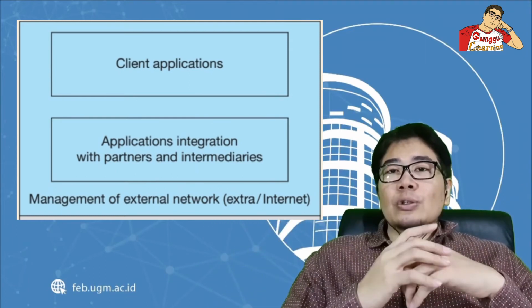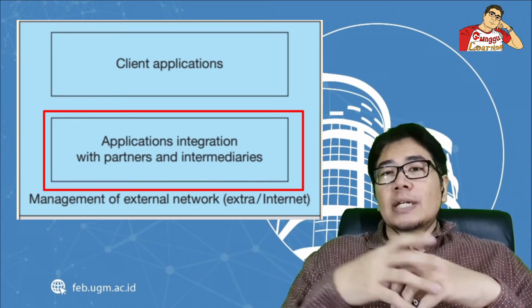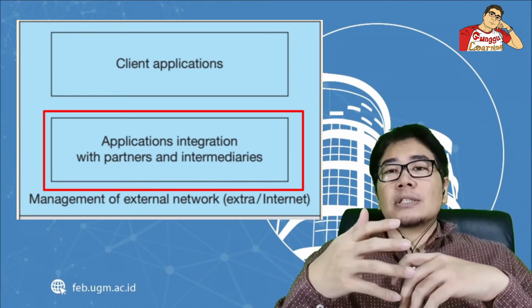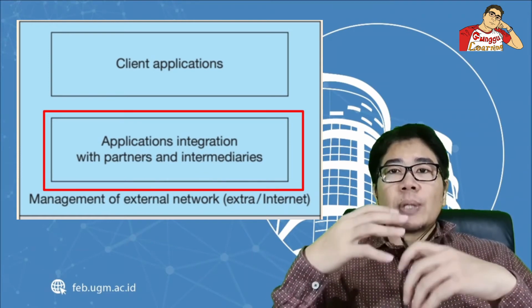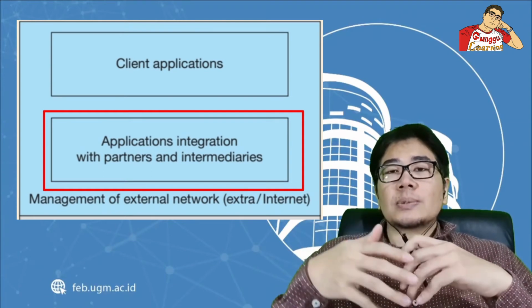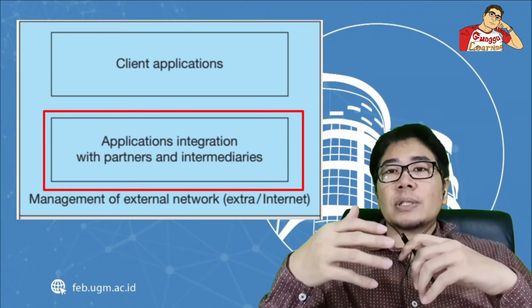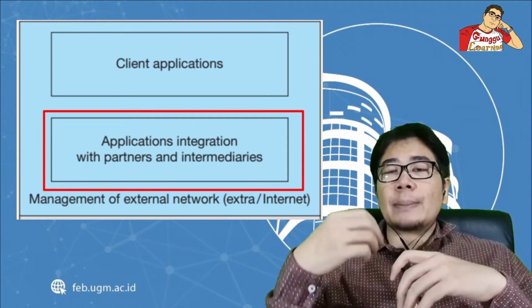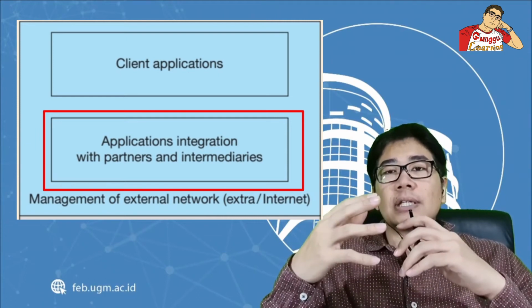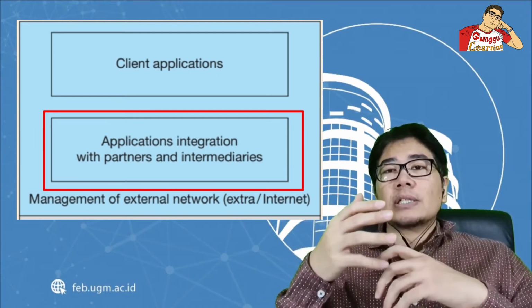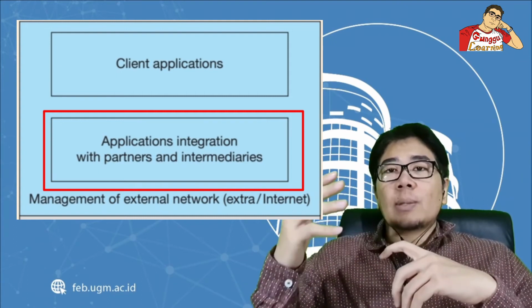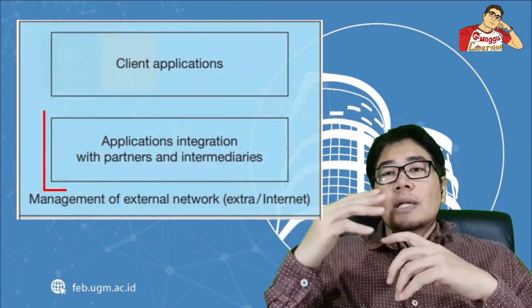Management also has to ensure that its applications can be integrated with their partners and their intermediaries. For example, if the digital application also provides a tracking feature, the application can integrate Google Maps through the Google Maps application programming interface, which helps one application to communicate with other applications automatically.